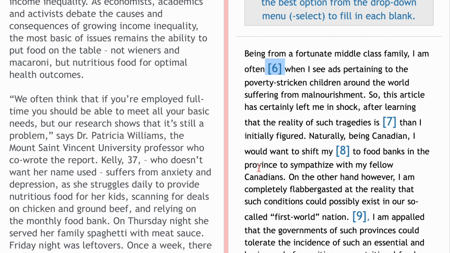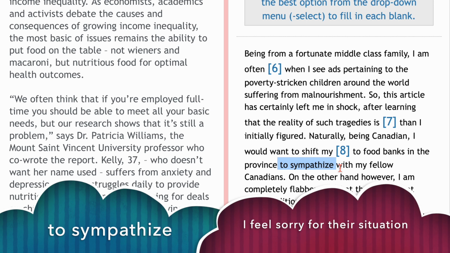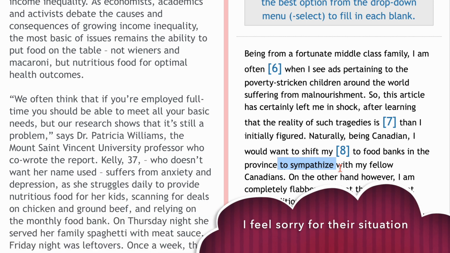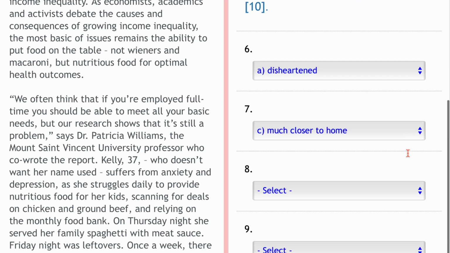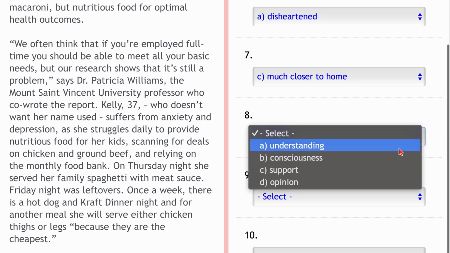Naturally, being Canadian, I would want to shift my something to food banks. I want to shift something to food banks in the province to sympathize with my fellow Canadians. So I'll feel sorry for them. I want to understand them. I want to help them. So I want to shift my what to food banks. Understanding, consciousness, support, opinion.